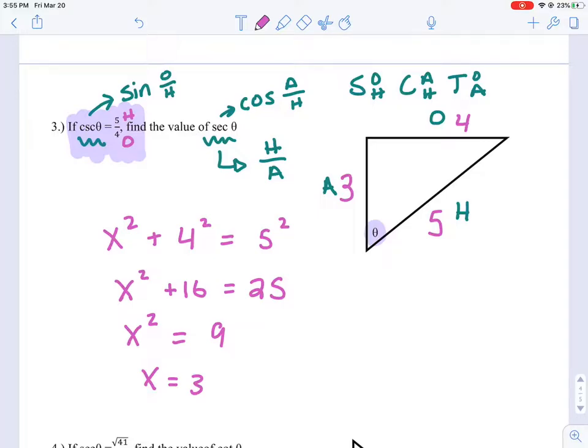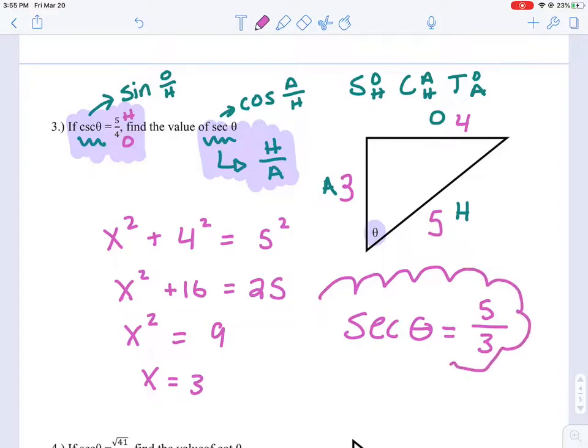So ultimately, make sure that we answer our question. They asked me for secant. So secant of that angle is my hypotenuse, which is 5, over my adjacent, which we found to be 3. And that is my final answer.